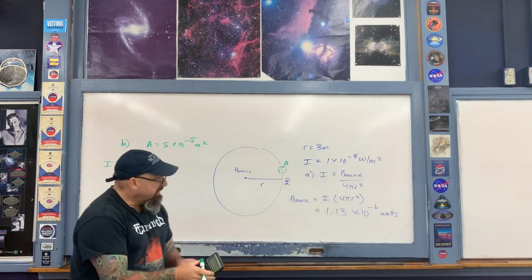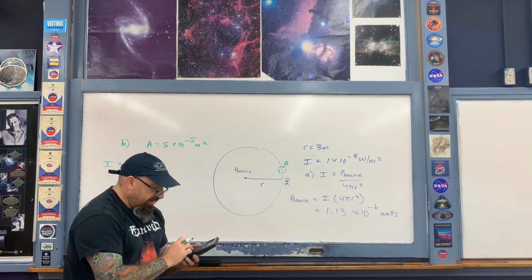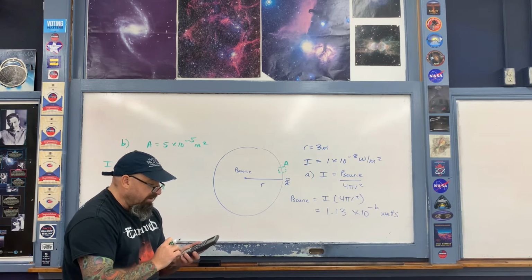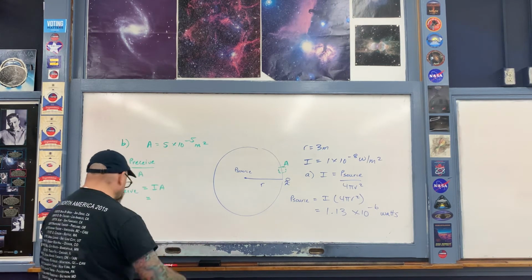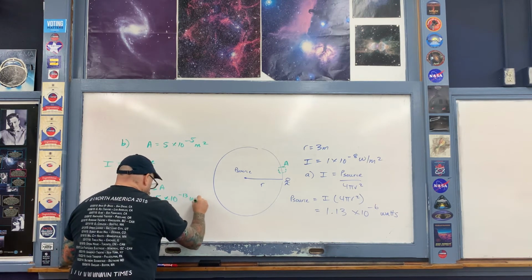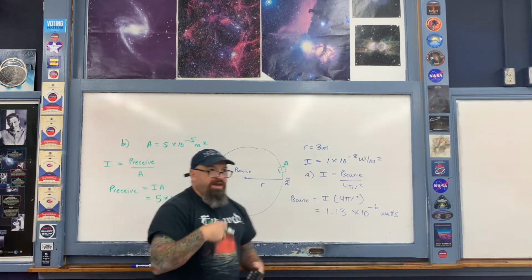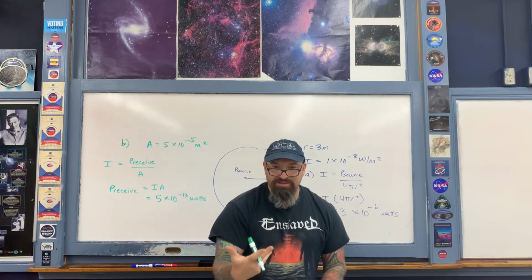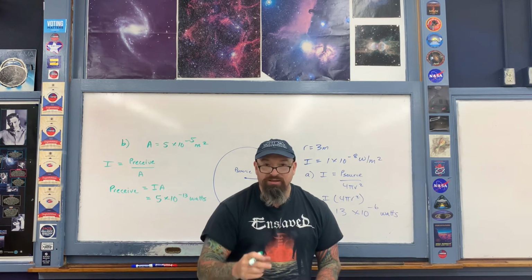It's equal to the intensity I of 1 times 10 to the minus 8 watts per meter squared, and then we multiply by the cross-sectional area of the person's ear. And this comes out to be an extremely small number. It's 5 times 10 to the minus 13 watts. That's 0.5 trillionth of a watt, excuse me, that is passing through the person's ear.